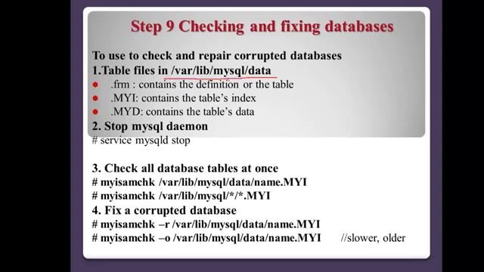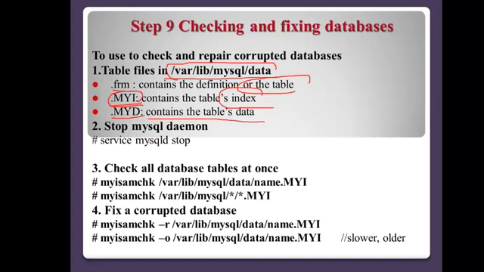If we go to this directory, for example, /var/lib/mysql/data, we can find files with extensions like this: frm, MYI, and MYD. The FRM file normally contains the definition of the tables, MYI contains the table index, and MYD contains the table's data. So for checking or fixing a database, we will use the MYI file.